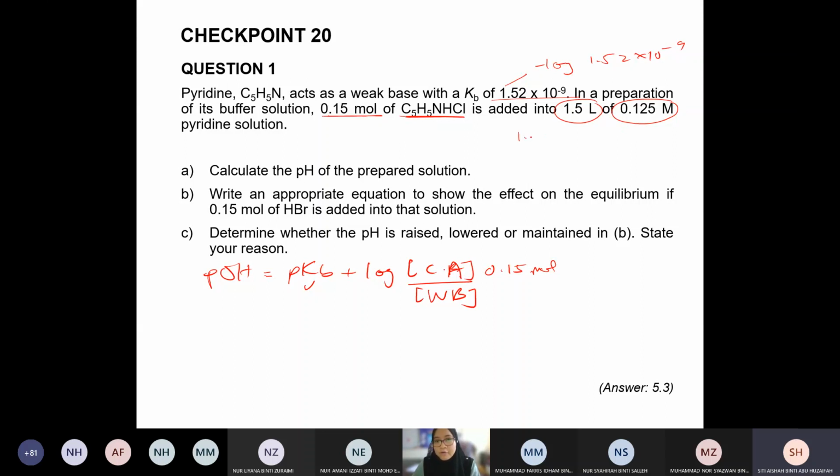So 1.5 liter times 0.125 mole over 1 liter. Dimensional analysis guys. Tekan calculator, 1.5 darab 0.125, it's 0.1875 mole.